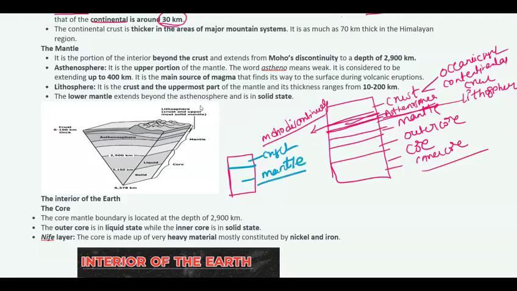Okay. In the mantle, the topmost layer, almost 0 to 400 kilometers, appears as asthenosphere. The first 0 to 200 is the lithosphere.